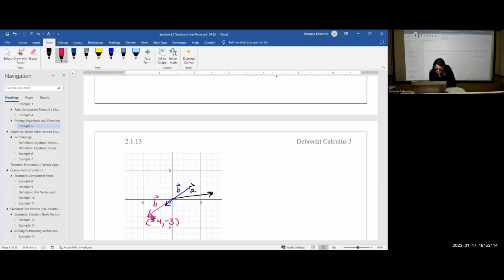I think that's right. I said I went down 1, 2, 3, left 1, 2, 3, 4. Yeah, -4, -3. So the magnitude of vector B is going to be the square root of -4 squared plus -3 squared. So this gives me the square root of 16 plus 9, which is 25. And so the length of that vector is exactly 5.